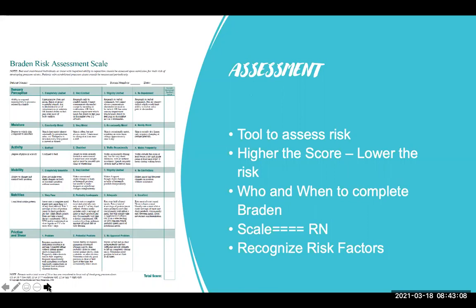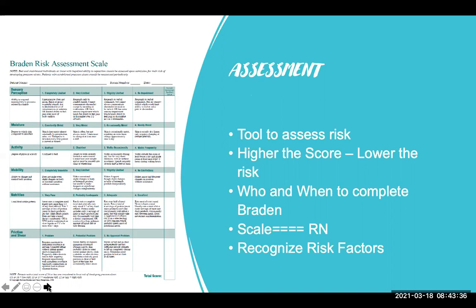It looks at certain areas. It looks for their sensory perception, moisture, activity, mobility, nutrition, friction, and shearing problems. So those are different categories you're going to rate a patient on after you have done their assessments. And the criteria for each section is provided on the tool.